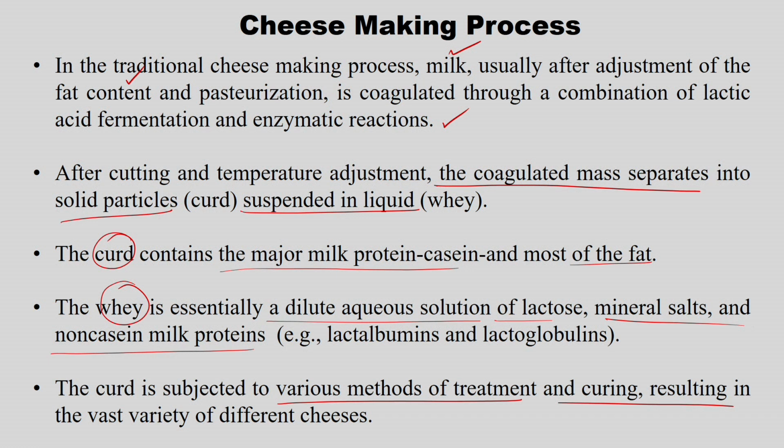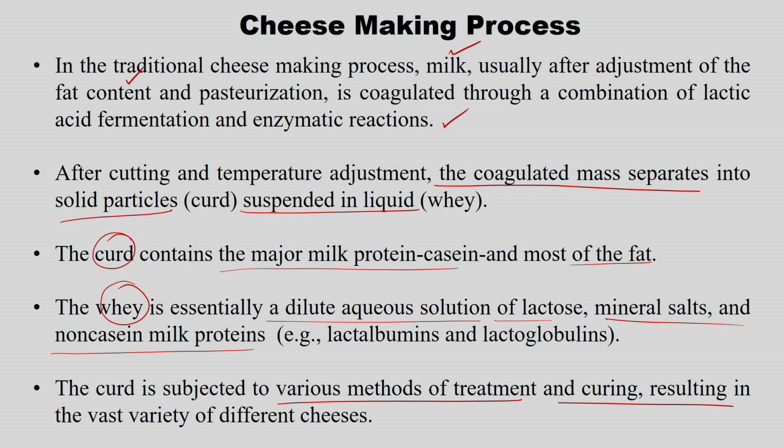After the pasteurization of milk, we coagulate using either the lactic acid fermentation technique or an enzymatic reaction. Then the two things are separated, curd and whey. Curd contains the milk protein casein and fat, and whey contains the aqueous solution of lactose, mineral salts and non-casein milk proteins.